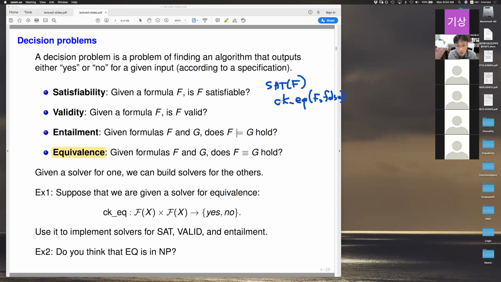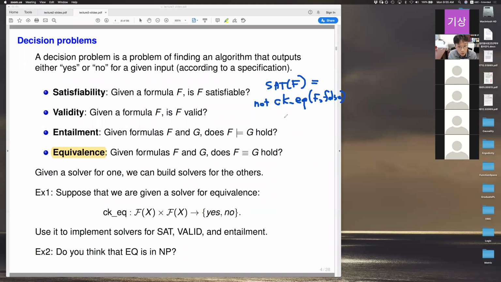If F is equivalent to false, that means it's not satisfiable. If F is not equivalent to false, that means it's satisfiable. So we just negate each answer and then return it. That's our algorithm for SAT.